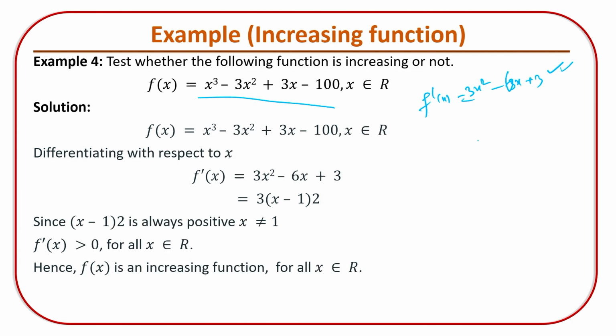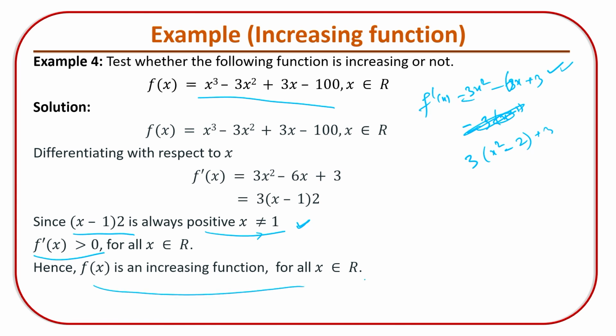So now we can write 3 into x minus 1 into 2. Take common 3, so this comes out 3 times x square minus 2x, plus 3. So the whole thing will become x minus 1 into 2, which is always positive when x is not equal to 1. So f dash of x is greater than 0 for all x belonging to R. So f x is an increasing function for all x.